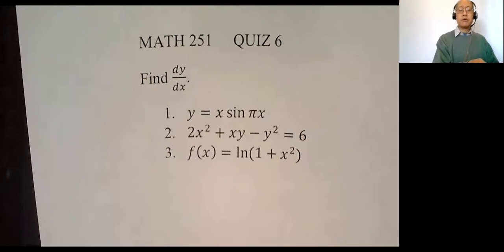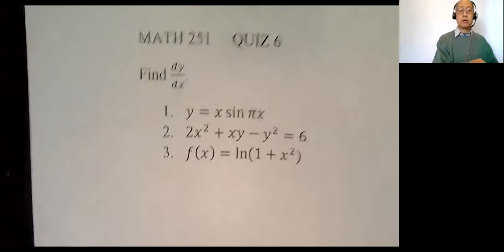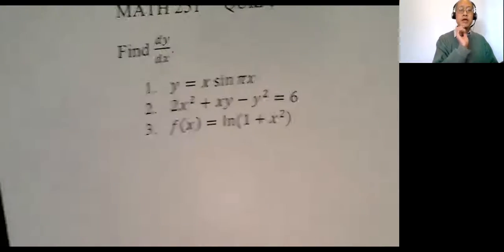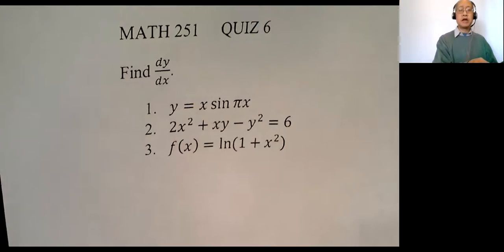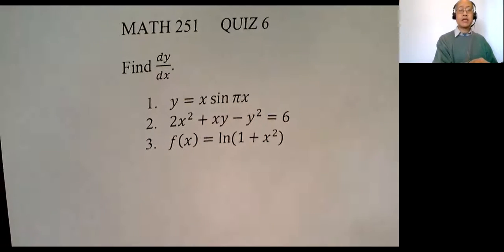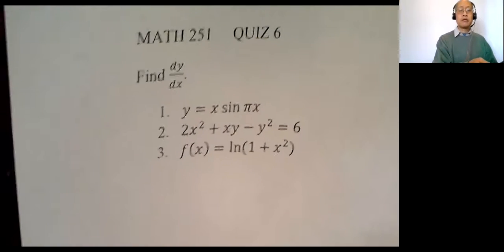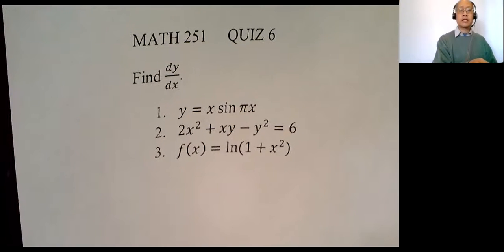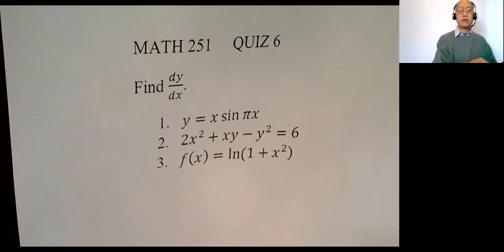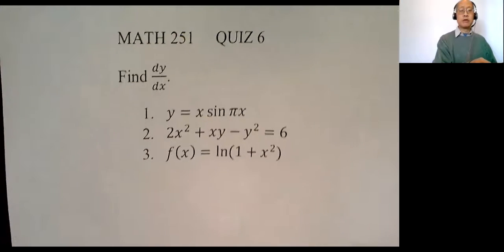That looks like a product rule and also a chain rule. Number 2 looks like implicit differentiation, right? 2x squared plus xy minus y squared equals 6. Number 3, f of x is natural log of 1 plus x squared. So you have to know how to do the derivative of ln and a little bit of chain rule.